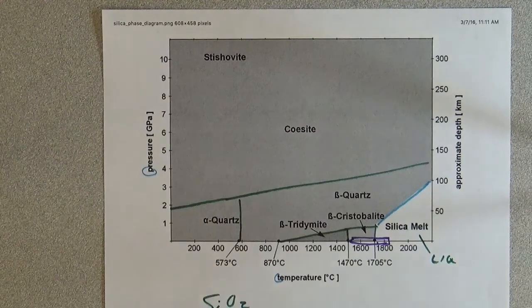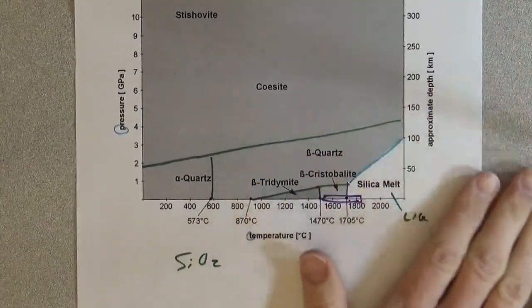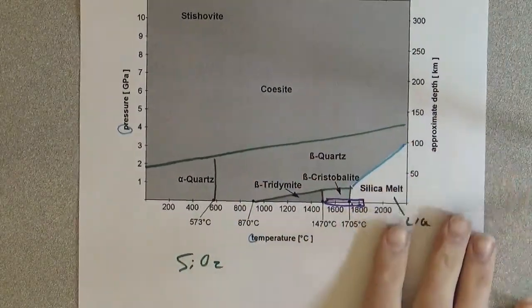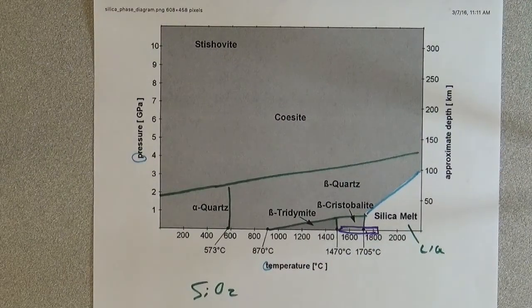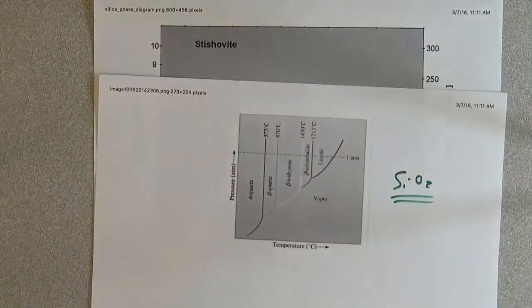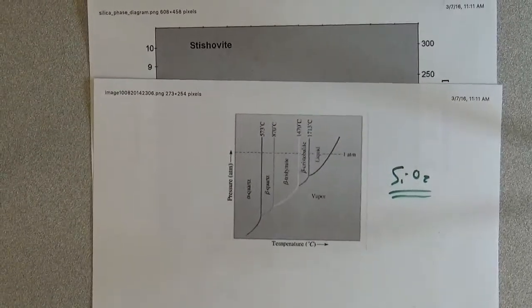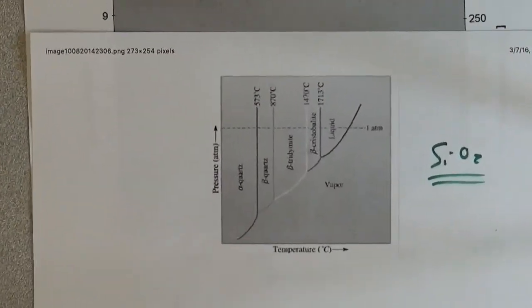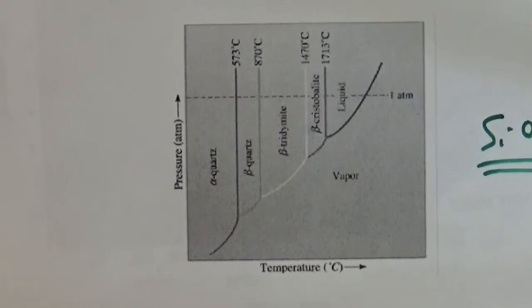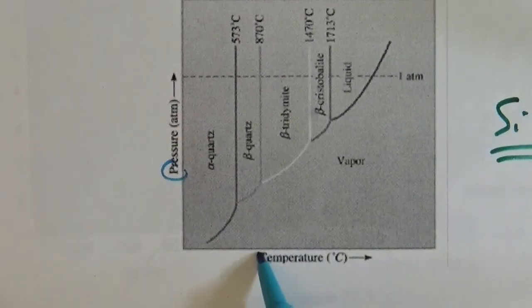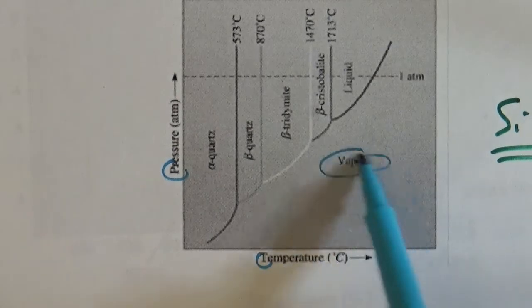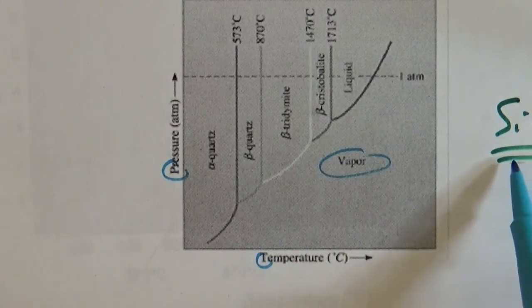We had a liquid and a solid and vapor phase, and here we really have the vapor phase and liquid sitting over in this region, right? And this is a phase diagram showing pressure versus temperature, and then here is the vapor phase for SiO2.